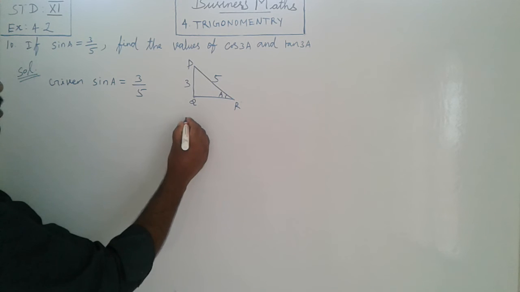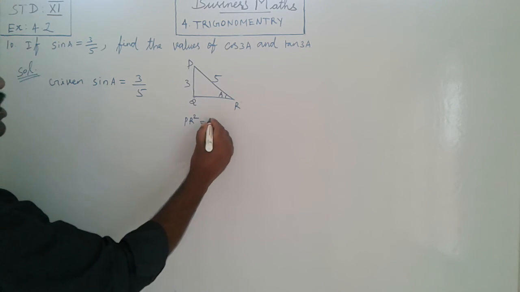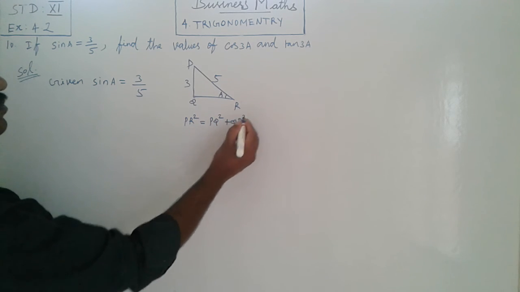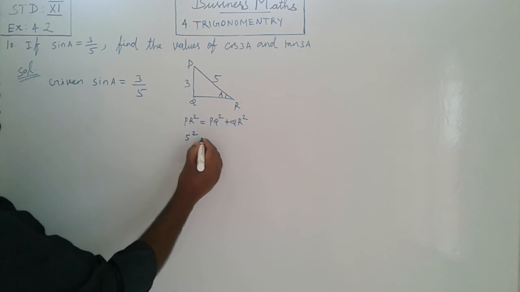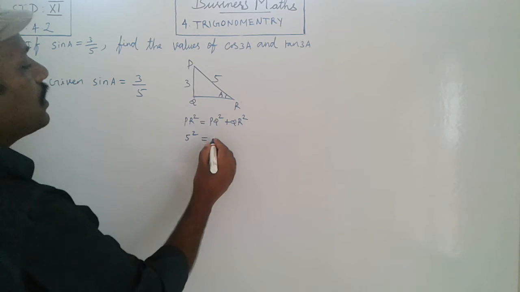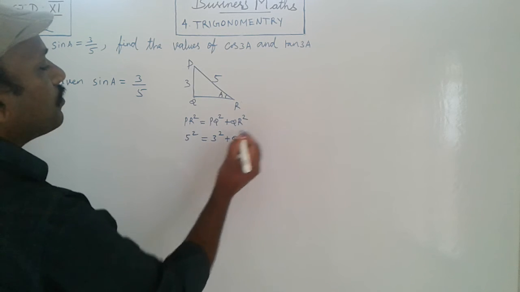We know that by Pythagoras theorem, PR square equal to PQ square plus QR square. PR is 5, PQ is 3.